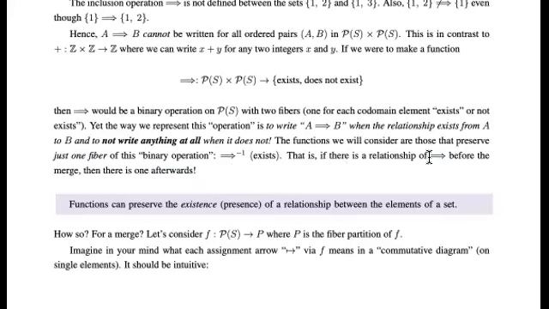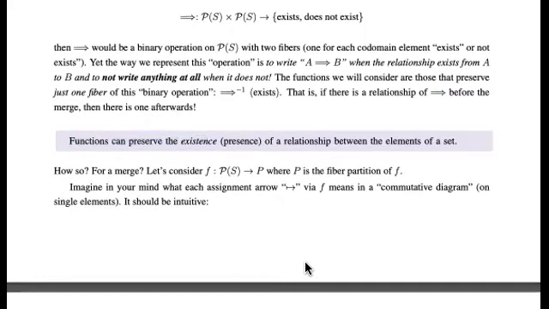So if A implies B before, then F of A will imply F of B, or F of A will be like a subset in some sense of F of B, with the transferred existence property. Existence meaning, does there exist the relationship of subset between the two sets or not, in one direction. Functions not only preserve operations, but they can preserve such existence properties, or the presence of a relationship between two elements of a set.